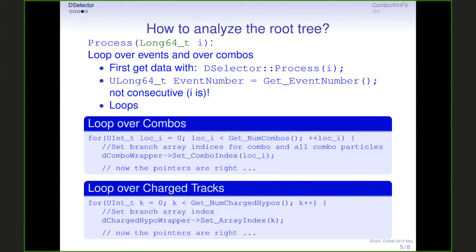And the first thing it does here is the decombo wrapper sets the combo index to the counter number. And that command will make sure that all the pointers in this event are set to the correct index for your wrapper functions with which you access all the data.